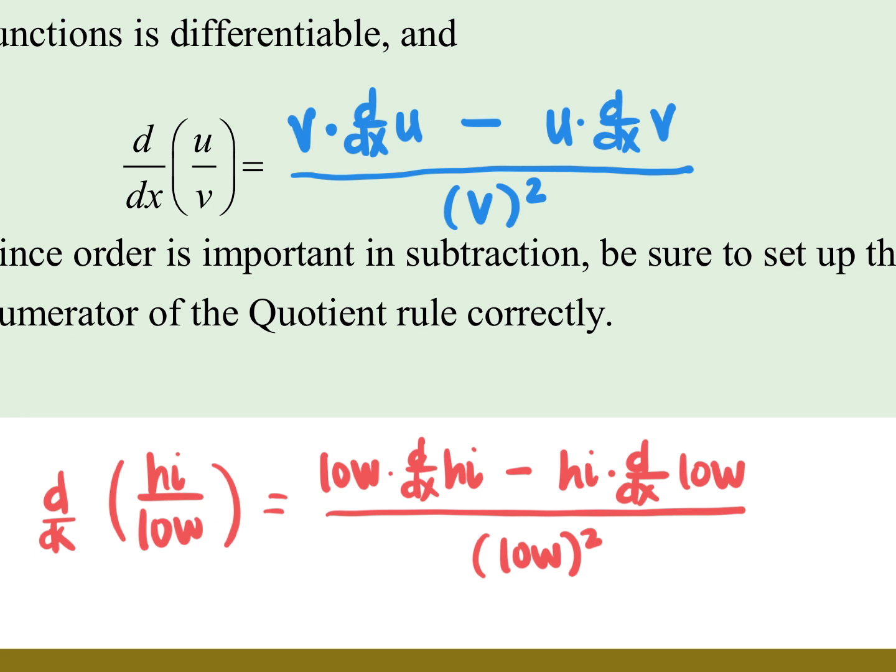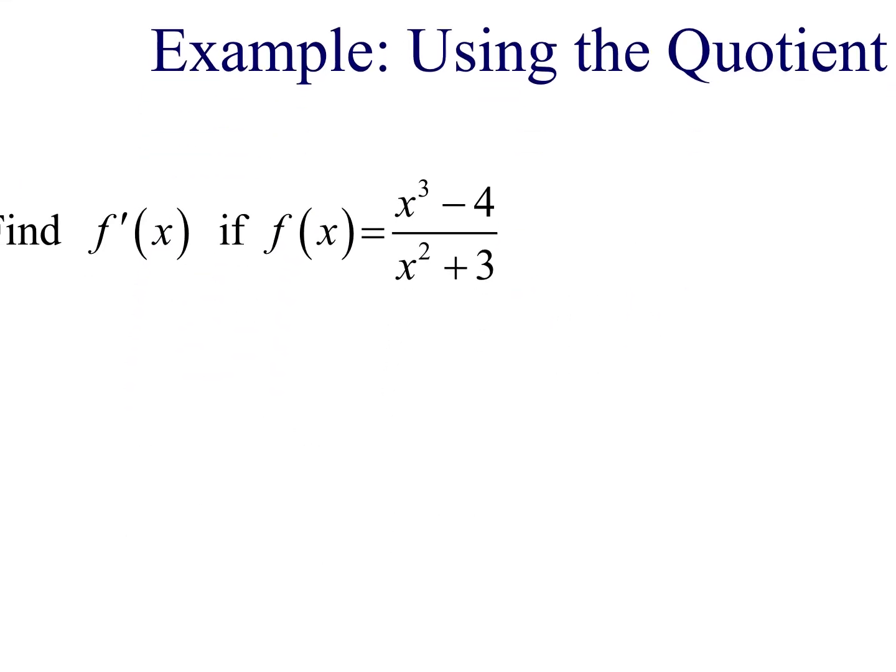Even though it would rhyme if you did over low times low. Oh, because that's the same as low squared, right? So we can make it go low, low, low, D high minus high, D low, merrily, merrily, merrily, merrily, over low times low. That would work. So, totally ridiculous, but maybe it will stick in your mind. Okay, so let's practice.